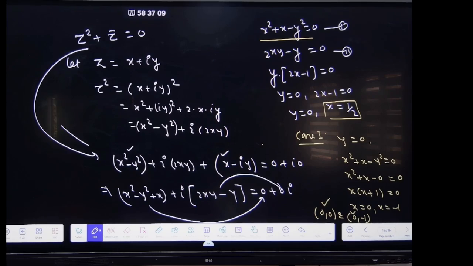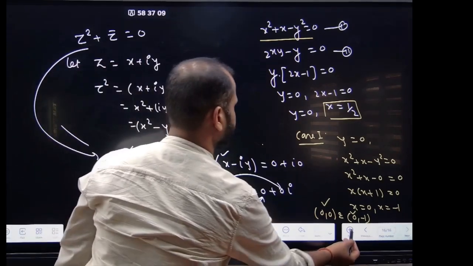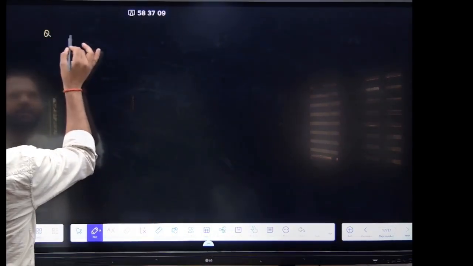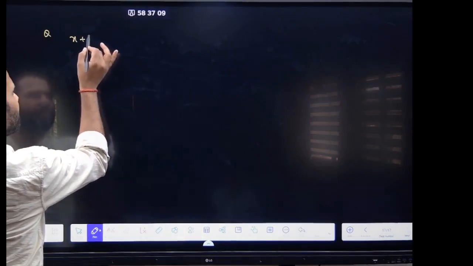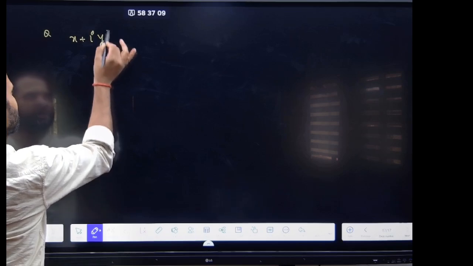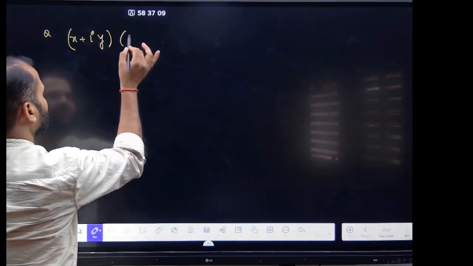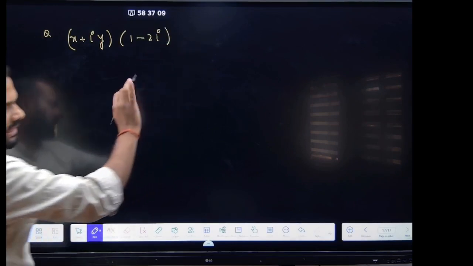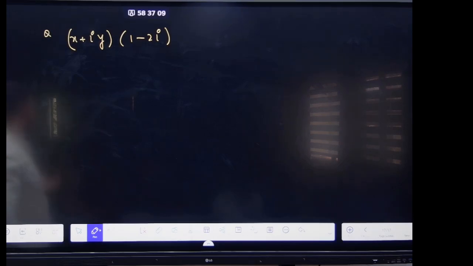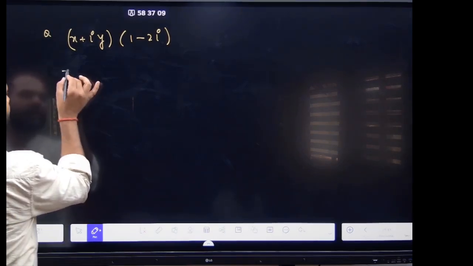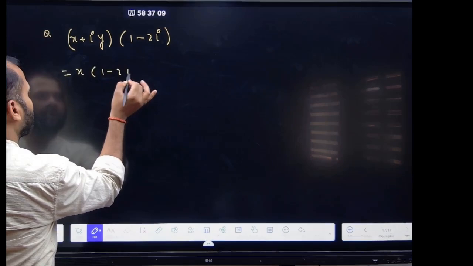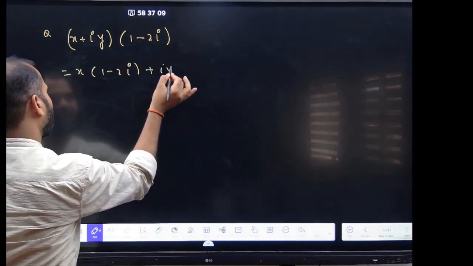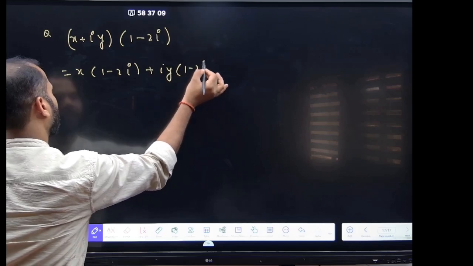Should I solve? Give me the question. x plus 5iy. First I will multiply. They are saying conjugate of this is that complex number, right? First you multiply. So with x if I multiply 1 minus 2i plus iy I will multiply 1 minus 2i.